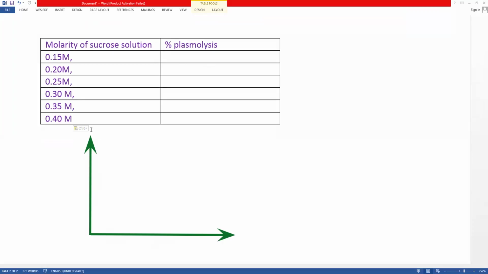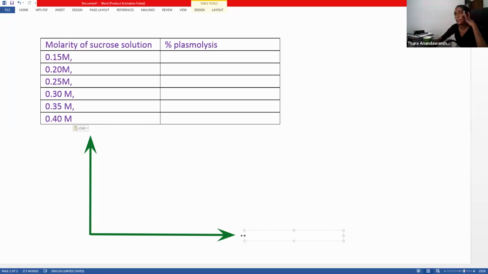Y-axis is the molarity of the solution and x is plasmolysis percentage. No, the x-axis is the molarity of the sucrose solution. That is the independent variable, what we are changing here. Molarity of sucrose solution comes here. Others agree?